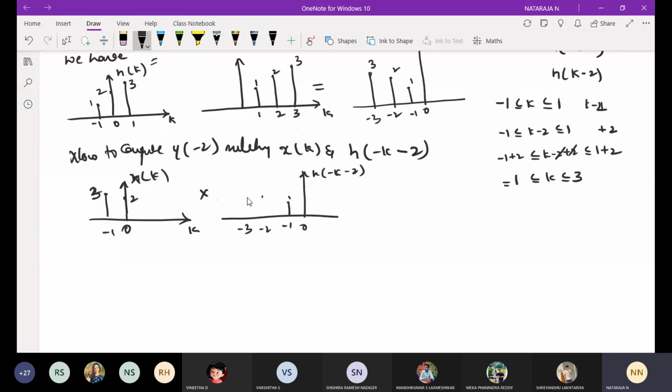1, 2, 3. Multiply each individual sample.